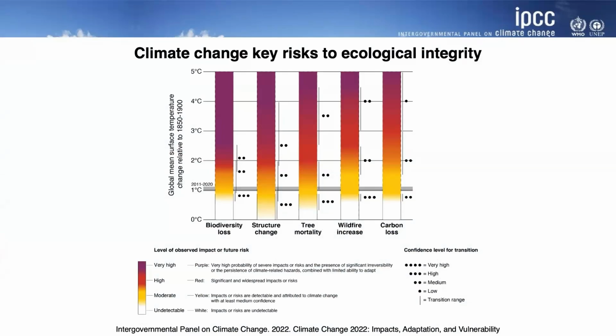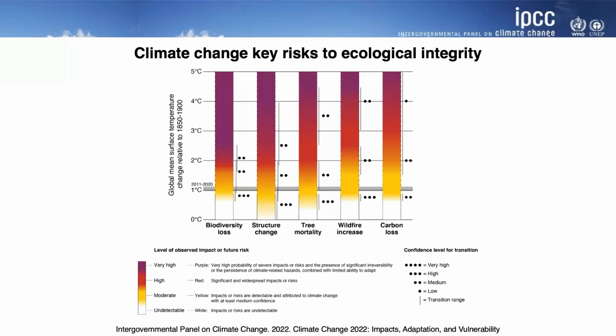So IPCC reports are full of these types of graphs, and we designed these to try and communicate to policymakers in just one glance, kind of the risk levels of taking action or not taking action. And so this is the temperature above pre-industrial, 0, 1, 2, 3, 4, 5 degrees. The gray bar is the present.